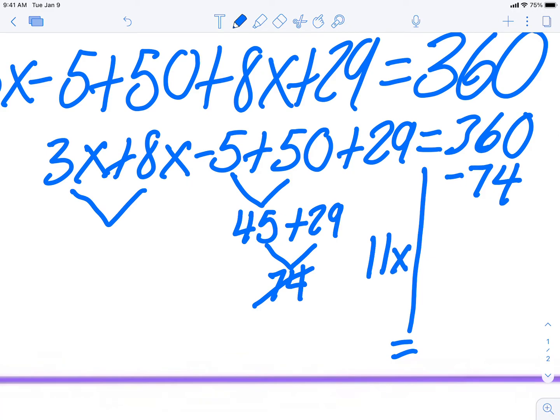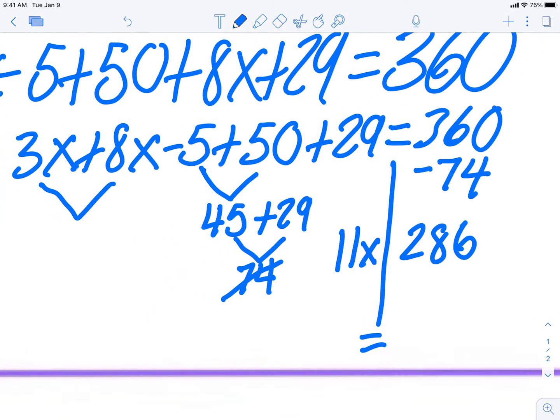And now 360 minus 74, I'm going to use my calculator here, is equal to 286. And this is 11 times x, so the opposite of multiplying by 11 is dividing by 11. And I get x is equal to 26.